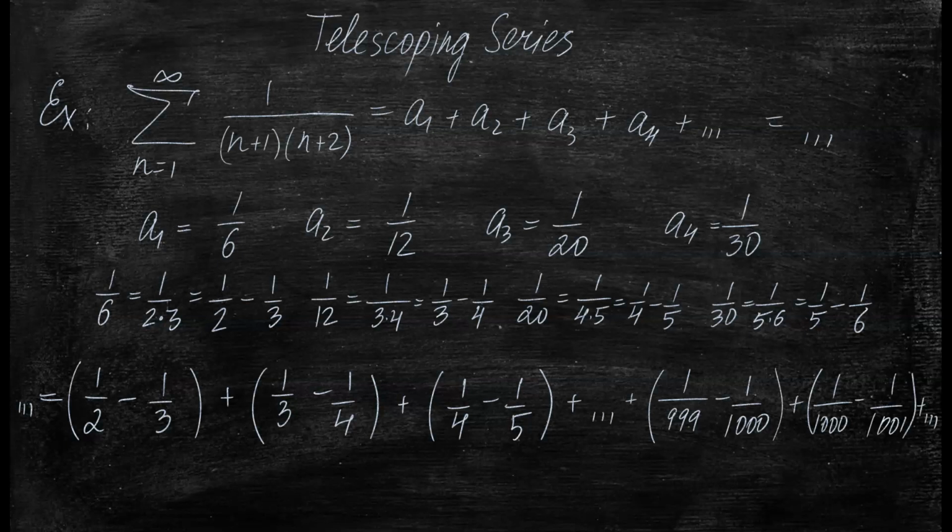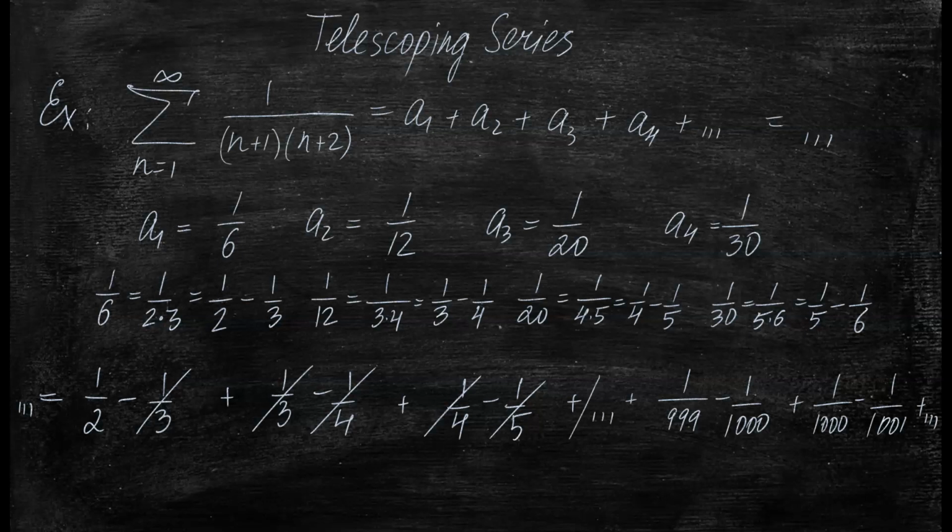And what do we notice here? We notice that if you get rid of all the parentheses, since we don't need them anyway, we can group the terms. And what do you see? The 1/3 and 1/3 cancel each other, 1/4 and 1/4 cancel each other, 1/5, and you bet there will be 1/5 somewhere there, cancel each other. This 1/999 cancels with the previous 1/999, and 1/1000 cancels with this, and so on.